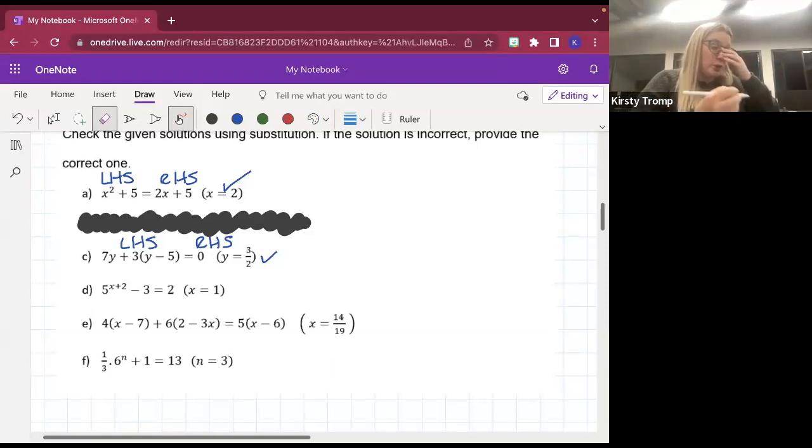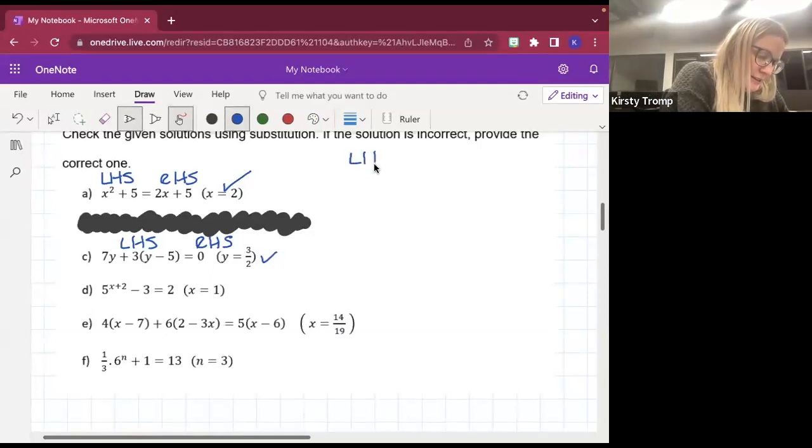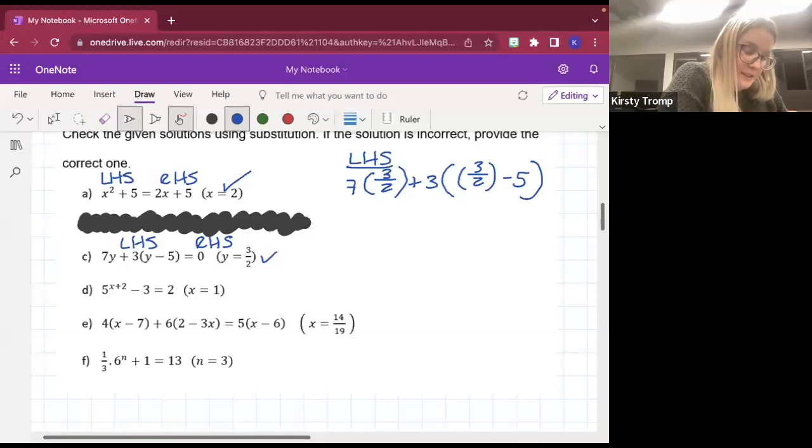So, what are we going to do? On the left-hand side, we're going to have 7, open brackets. Instead of seeing y, we're going to see 3 over 2, plus 3, open brackets, 3 over 2, minus 5, equals.